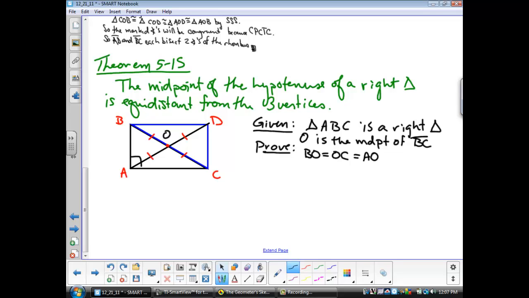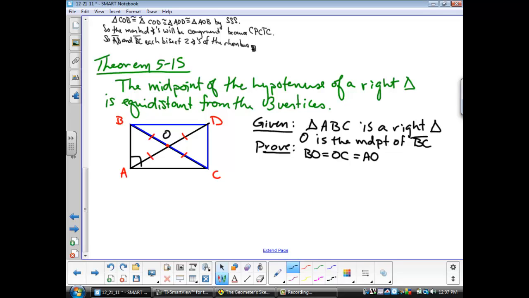So to start the proof, I would say when I put the twin of this right triangle's hypotenuse to this right triangle, then I have a rectangle.